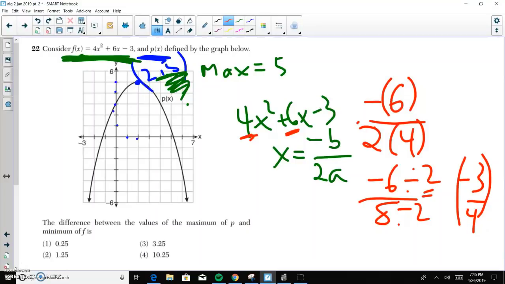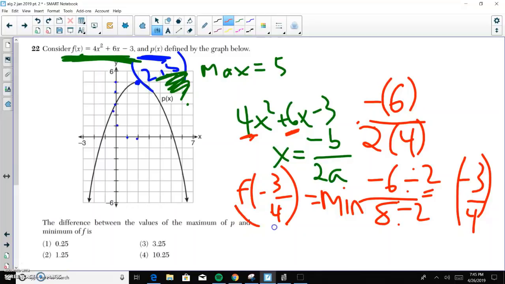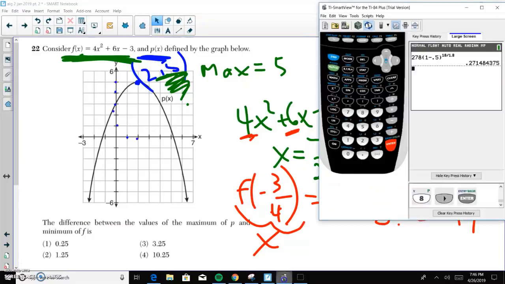So that means f of negative 3 over 4 equals the minimum value, because negative 3 over 4 is the x value, and we want to find the y. To find that, go to our calculator.